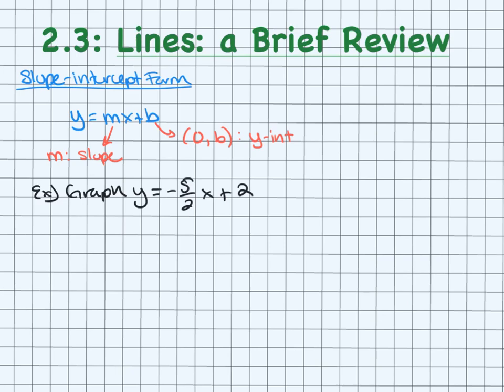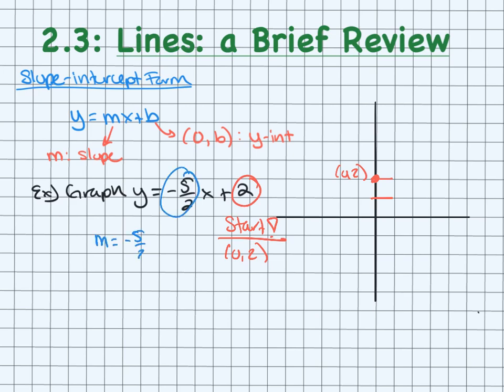I just need a grid. There we go. So when we're graphing using the slope-intercept form, you always want to start with the y-intercept, which would be, in this case, 0, 2. So here is x equals 0, y equals 2. And then the slope of this line is negative 5/2.